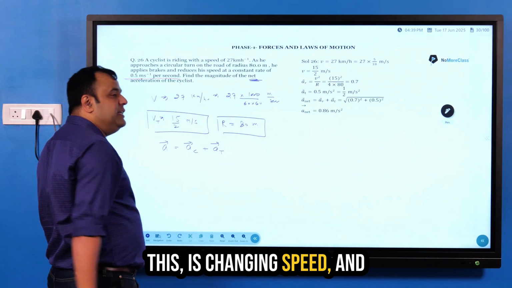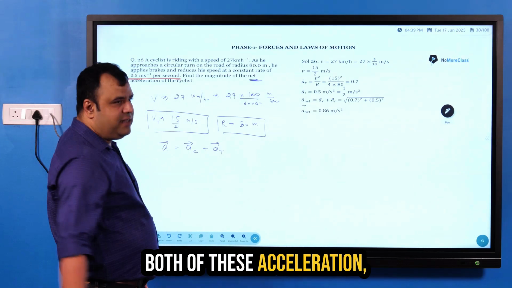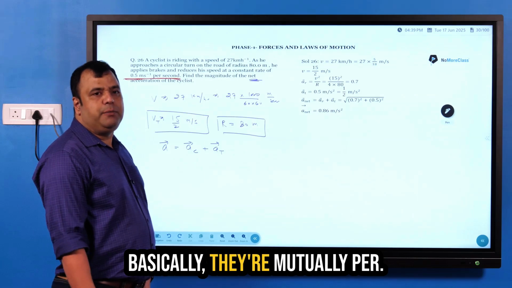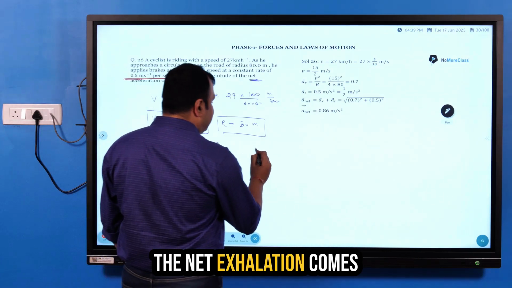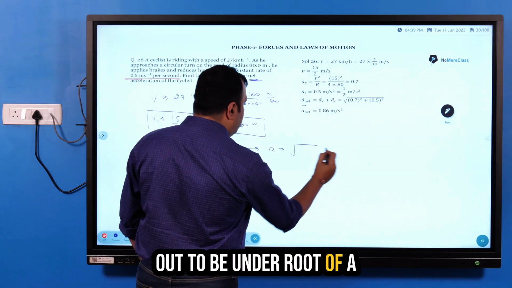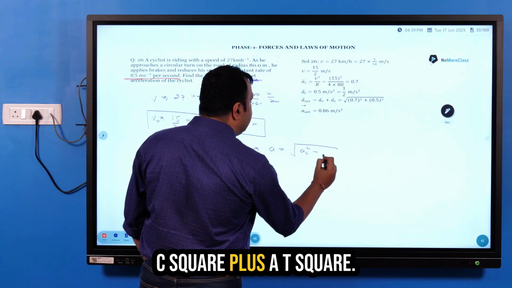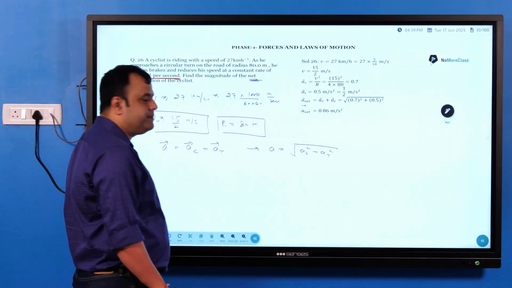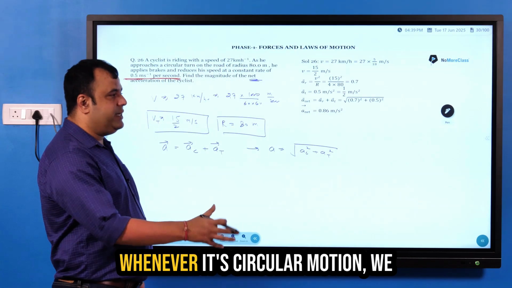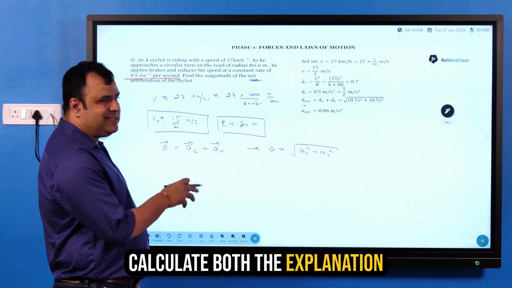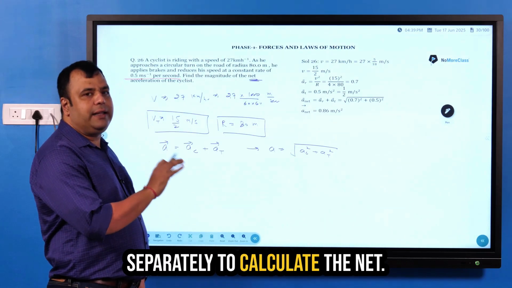Both of these accelerations are components, basically mutually perpendicular. The net acceleration comes out to be under root of AC square plus AT square. So whenever it's circular motion, we calculate both the accelerations separately to calculate the net.